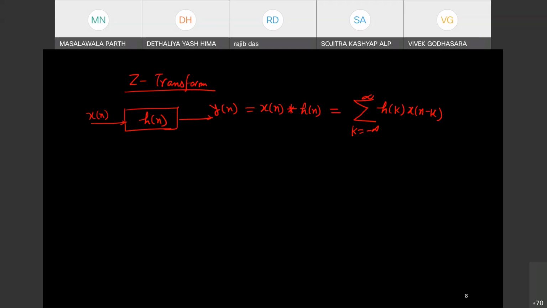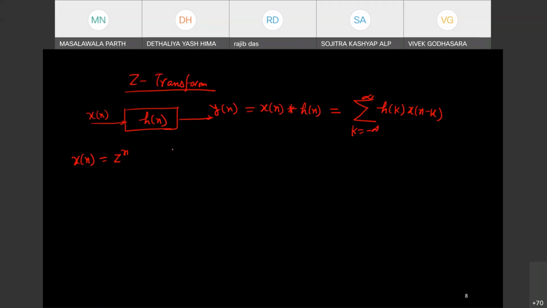Now, you can choose a special kind of sequence that will produce again the same sequence with some scaling factor, that is called an eigensequence, right? Eigensignal. So we have discussed that for a discrete system, if we consider x of n equals z to the power n kind of sequence, then what will you get?